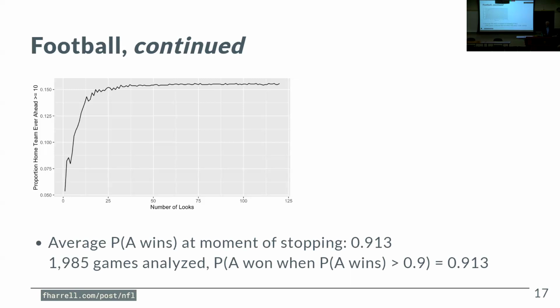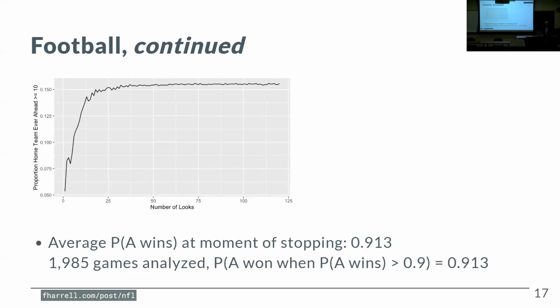If you have a stopping rule of 0.9, and you stop as soon as the probability of ultimate victory exceeds 0.9, then over 1,985 NFL games analyzed, the mean probability for those occasions where we stop watching the game when the probability is greater than 0.9 was 0.913.